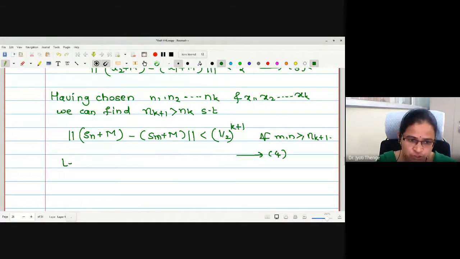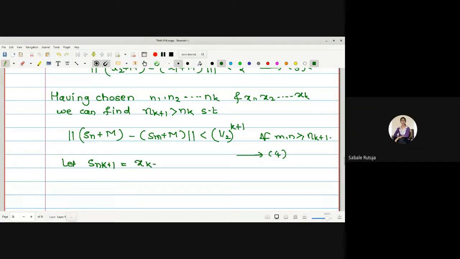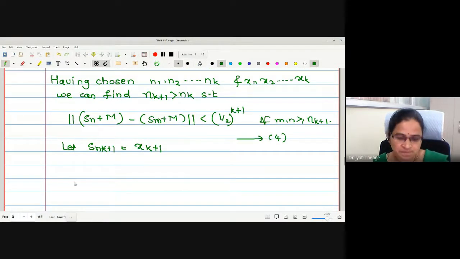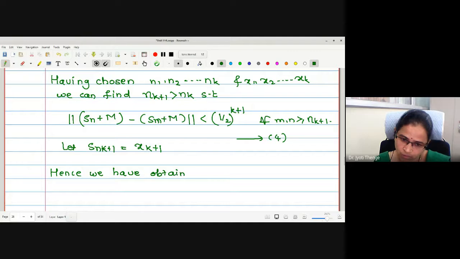Then what is my position? Snk plus 1, yes, xk plus 1. And then we will write it is a subsequence. Hence, we have obtained a subsequence. Is it a subsequence or not?